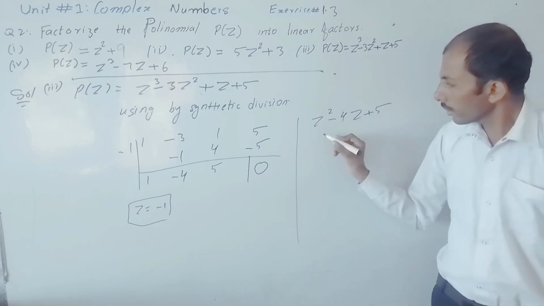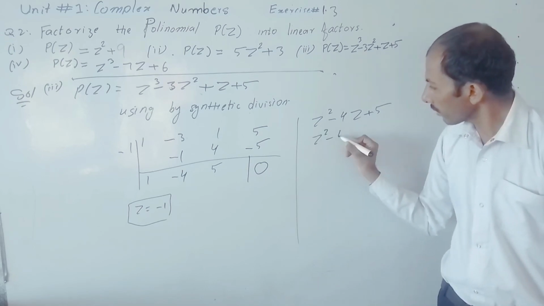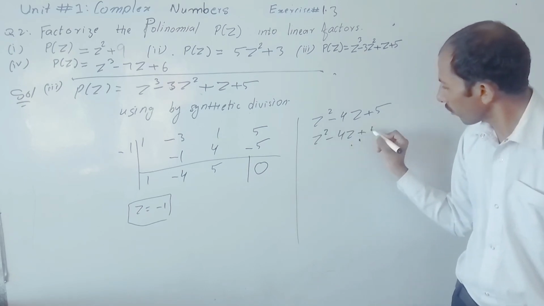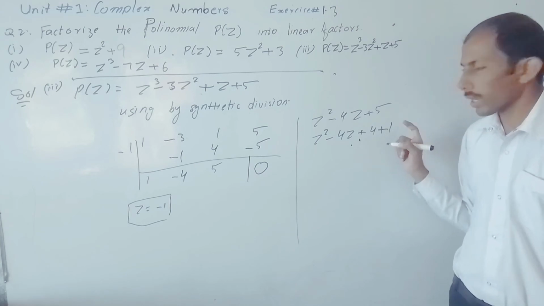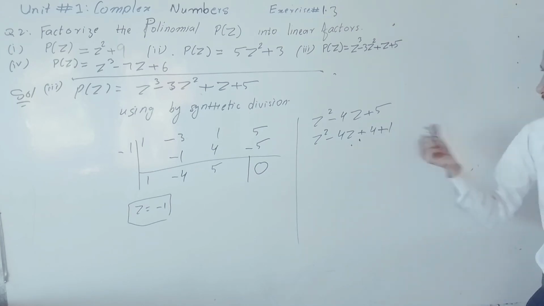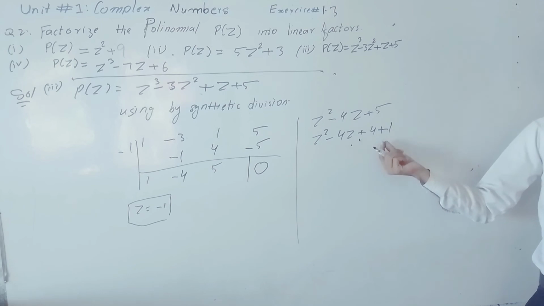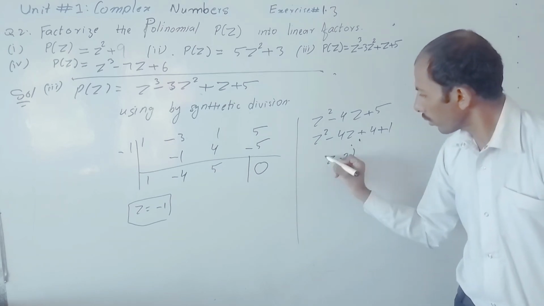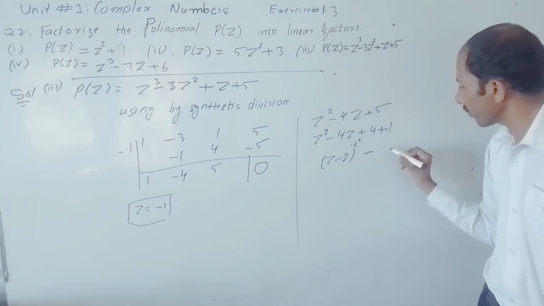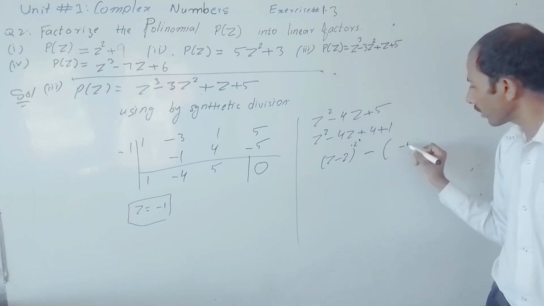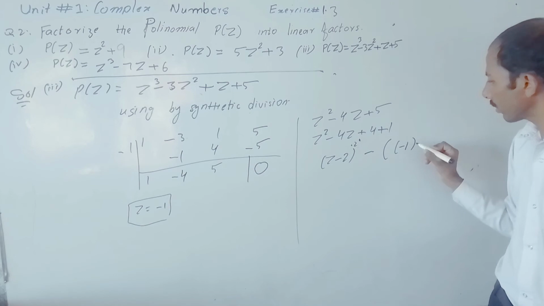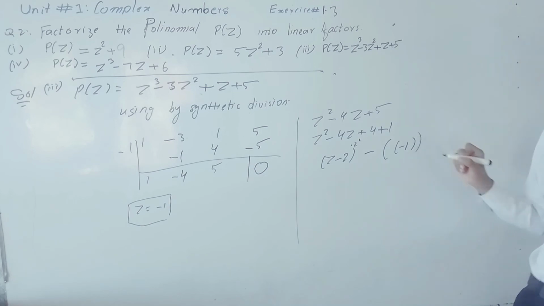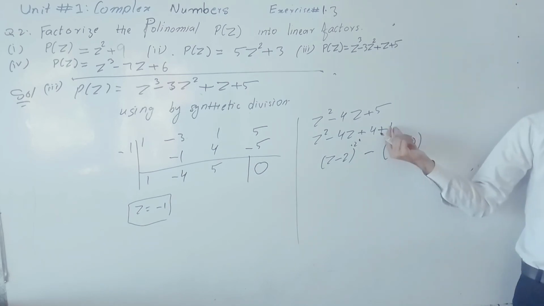So z square minus 4z plus 4 plus 1 can also be written in this form, z square minus 4z plus 4. So z minus 2 whole square minus into minus 1 can also be written in this form.